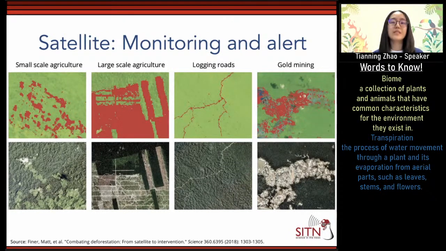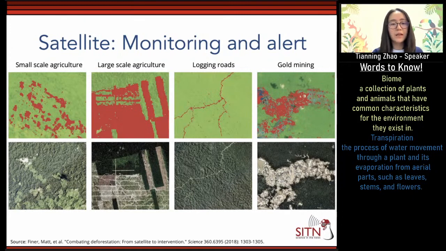And then with some experience studying those satellite images, and also some background information, you can associate it with different causes, such as small-scale agriculture, which could be more scattered, and large-scale agriculture, which tends to be a big chunk or big rectangle that you can see from the satellite images.